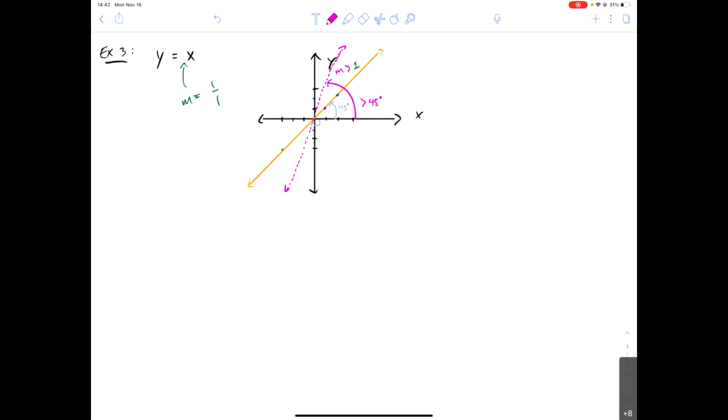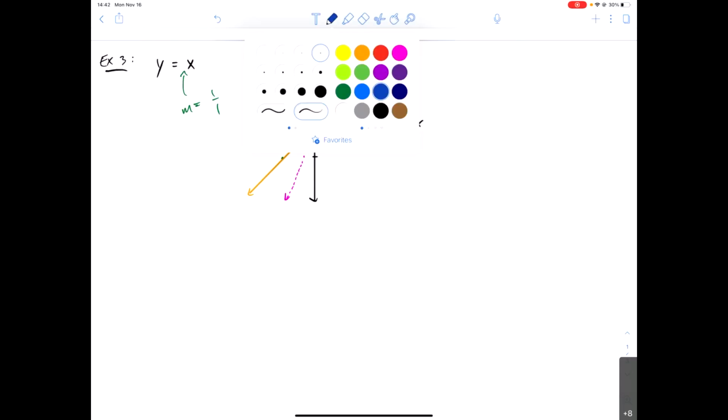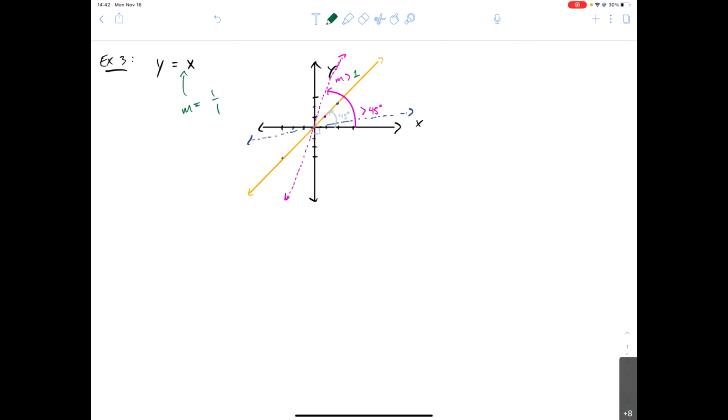Okay? Now what about the other way around? Let's use navy. What if I drew a line that was very shallow? Maybe something like this. All right? So you can see it's very shallow, not steep at all. So whatever that slope is, I don't know what it is. But what I can tell you is that this slope in navy is definitely less than 1.